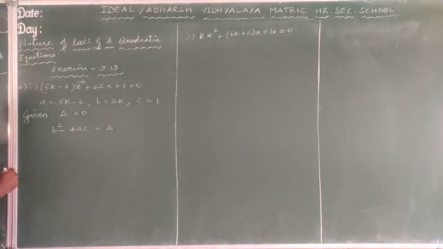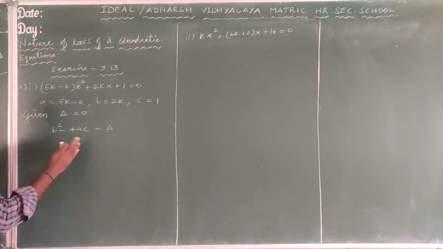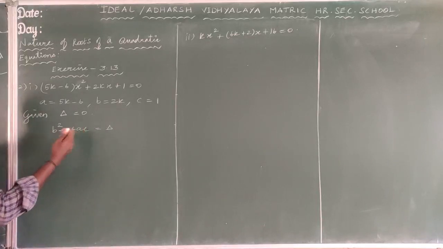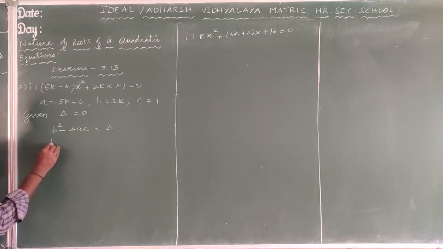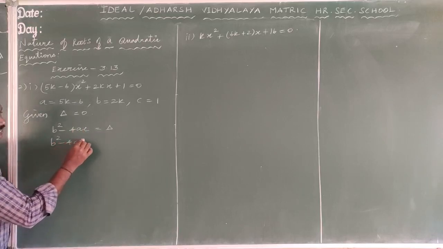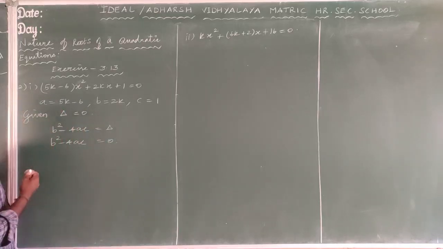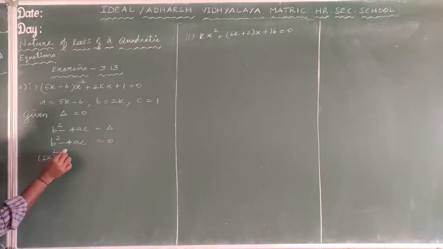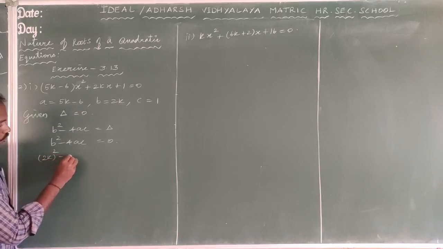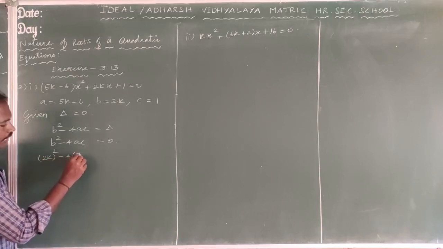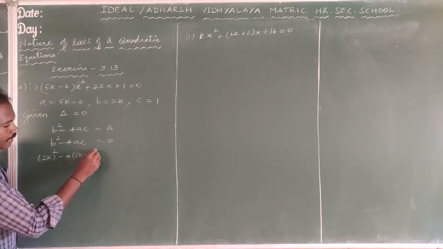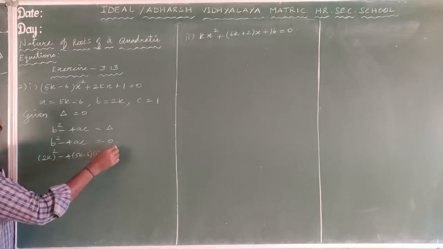So when we find the value, we can write the formula by changing sides. b square minus 4ac is equal to discriminant. Here b square minus 4ac is equal to 0. Here b is equal to 2k, that is 2k the whole square minus 4ac, a is 5k minus 6 into c is 1, is equal to 0.